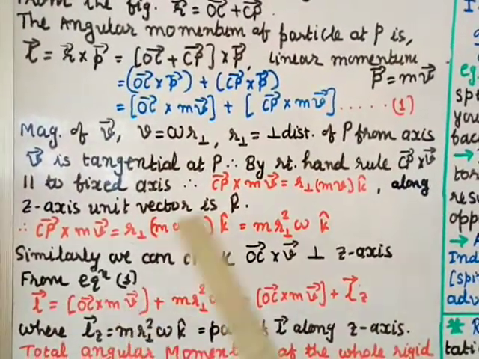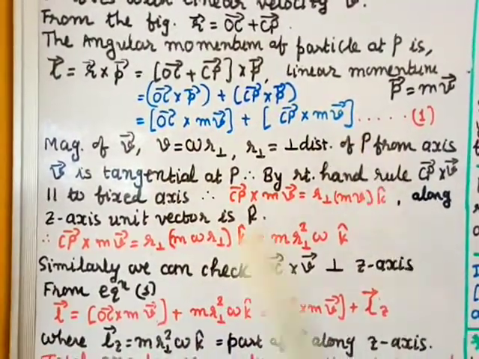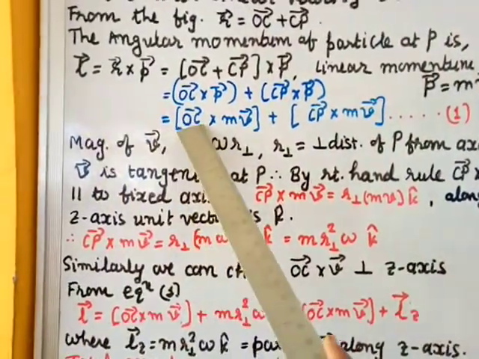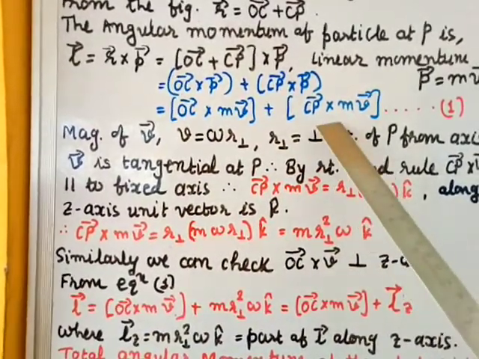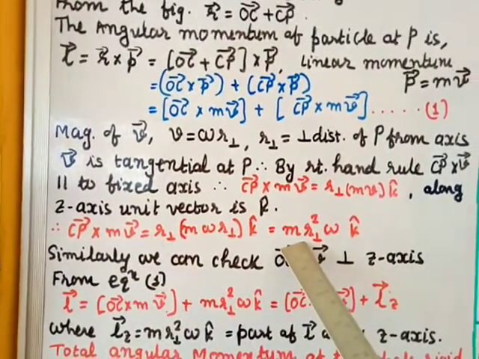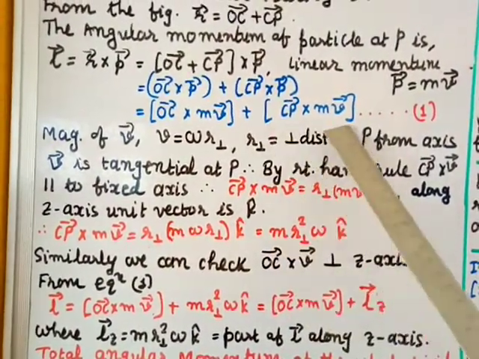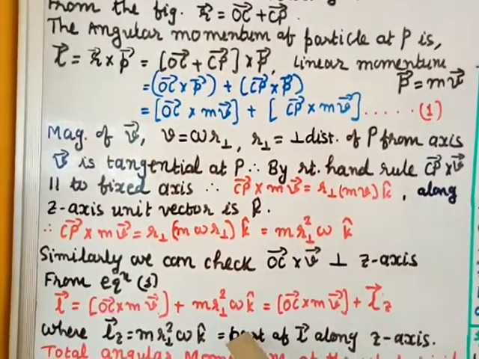Now from equation 1, this is equation 1, L equals this value, right? So L equals OC cross m vector V plus Cp cross m vector V. Cp cross m vector V is nothing but this value we have derived, so put the value here: m r perpendicular square omega k cap.